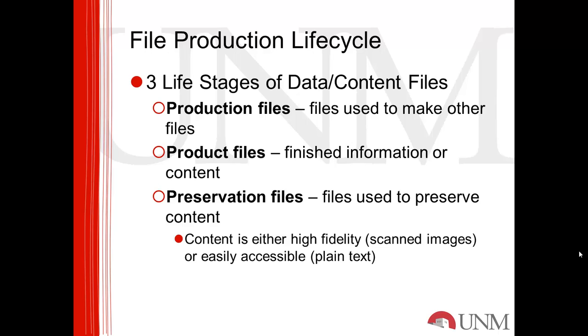Product files are the finished versions of the content, and they are what are distributed electronically to distribute the content. And then once the life of the product file ends, it can optionally be translated into a preservation file, possibly by changing its format into something more open source. Preservation files can also be used to capture other types of content directly.